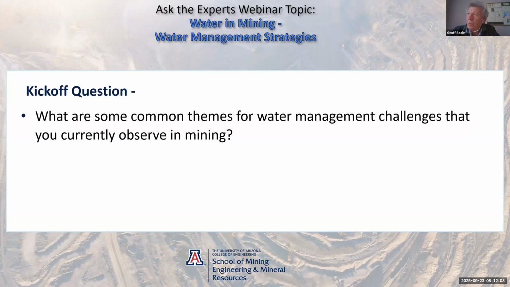So we're seeing more and more mines looking to get very, very low pore pressures in order to optimize their slopes and enable them to mine at a lower factor of safety than they would otherwise want to achieve. Those are really, I guess, the two issues that I'm seeing recur more and more.